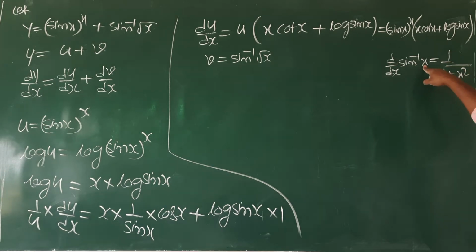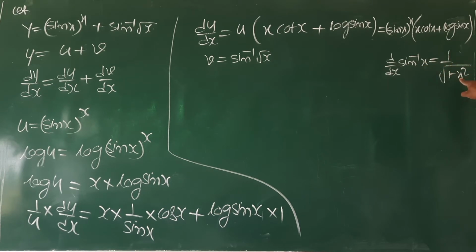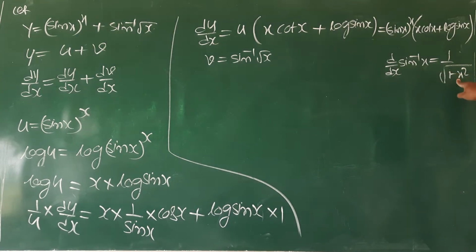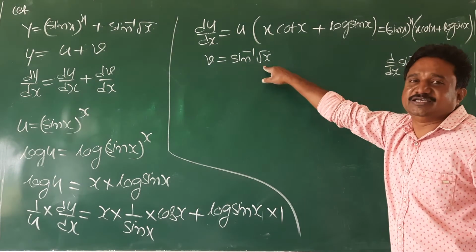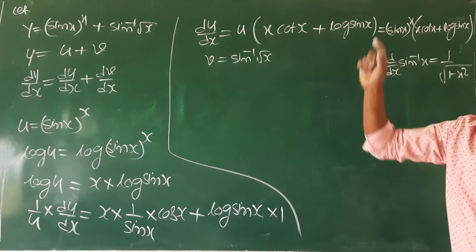If it is x, we write x square. If it is y, you write y square. If it is z, you write z square. If it is tan x, you write tan square x. Here we have root x, so I must write root x whole square.